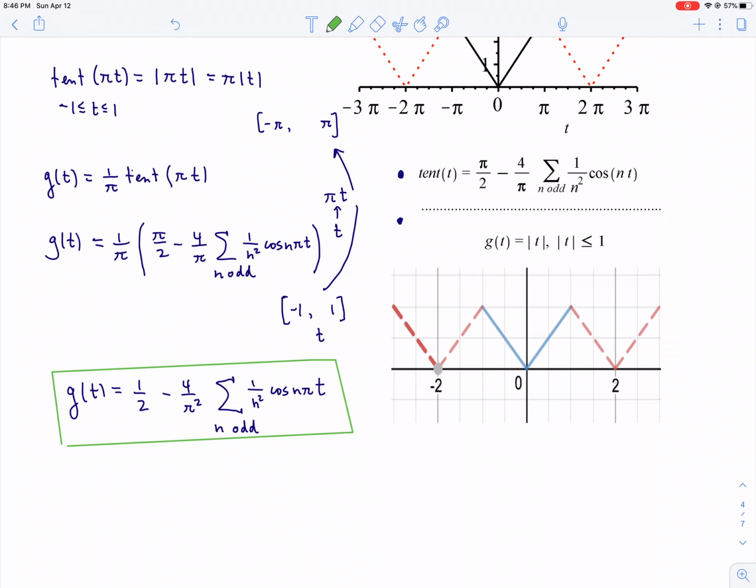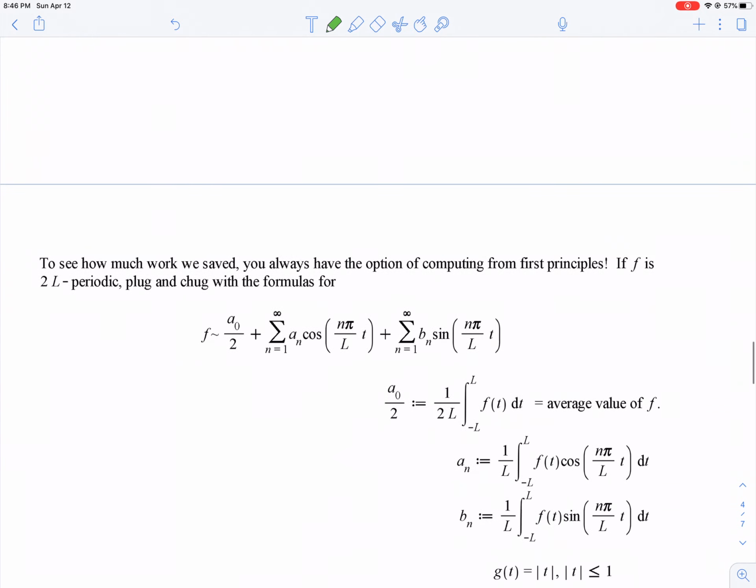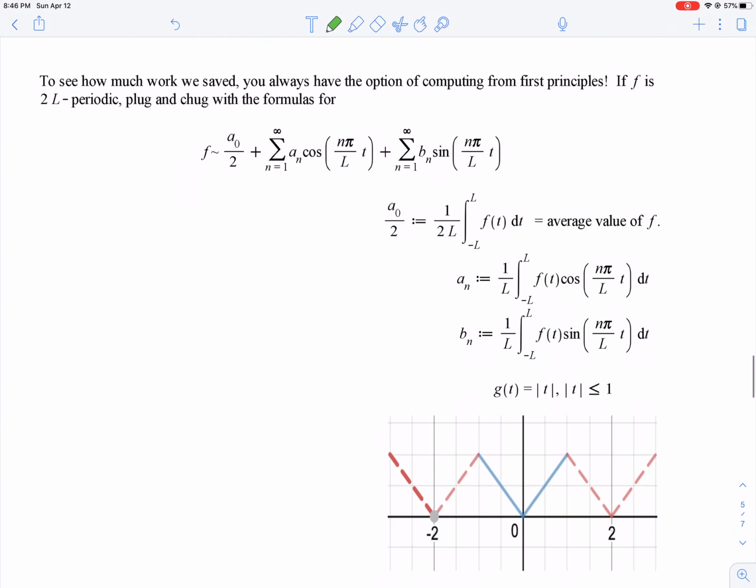Okay, so let's check our work the long way, and that's just so that you can see one example worked out using the formulas for 2L periodic functions. So here we go.